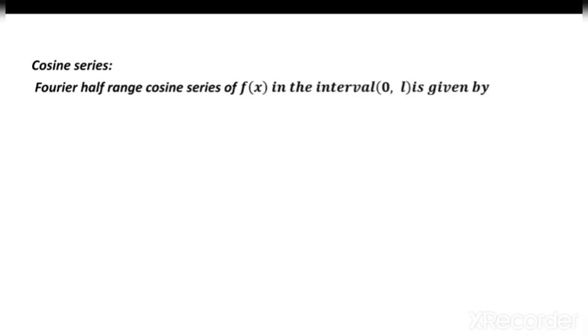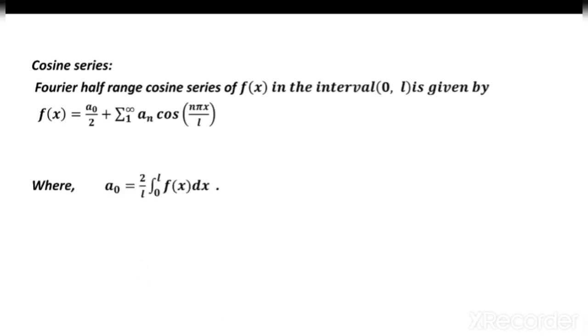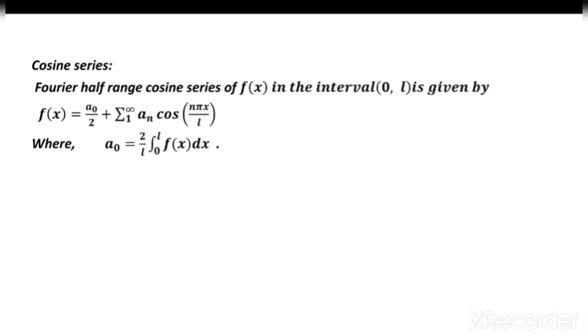Now how about cosine series? The Fourier half-range cosine series of f of x in the interval 0 to L is given by f of x equals a0 by 2 plus summation 1 to infinity an cos n pi x by L. How to calculate a0?